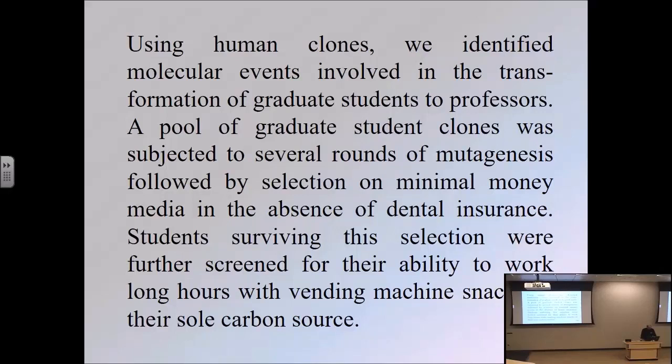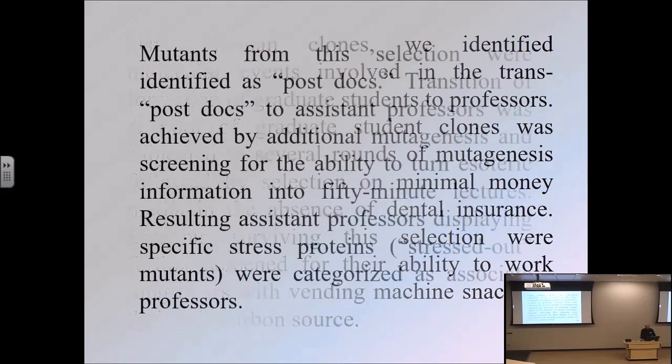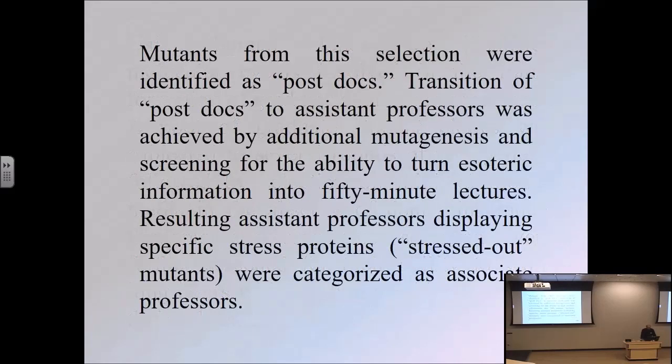A pool of graduate student clones was subjected to several rounds of mutagenesis, followed by selection on minimal money media in the absence of dental insurance. Students surviving this selection were further screened for their ability to work long hours with vending machine snacks as their sole carbon source. Mutants from this selection were identified as postdocs."